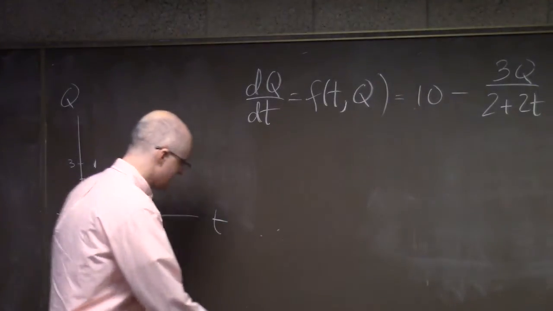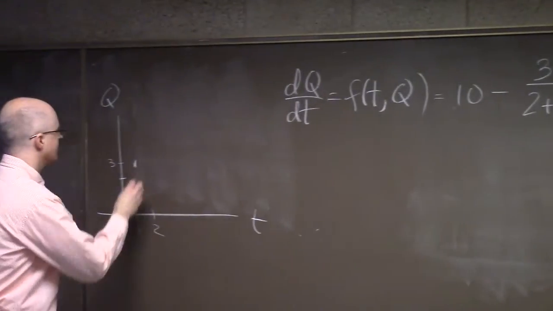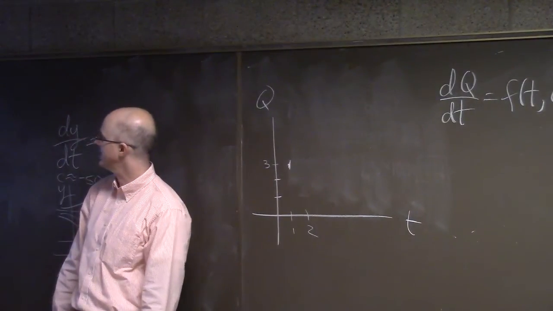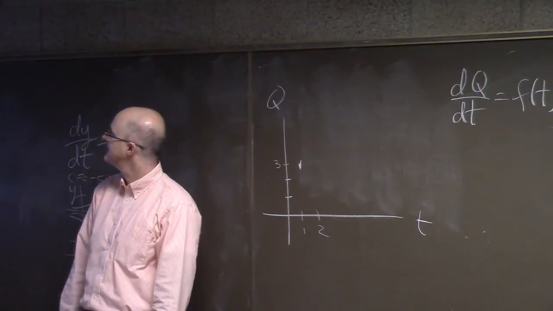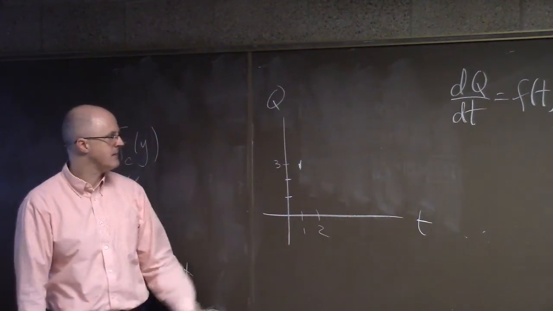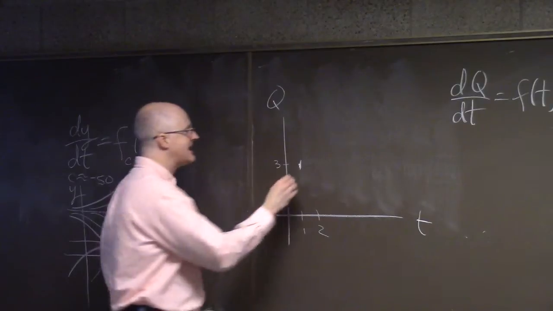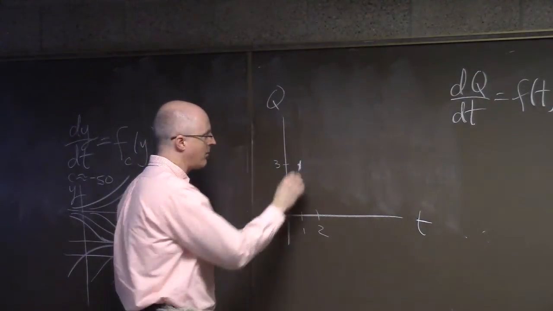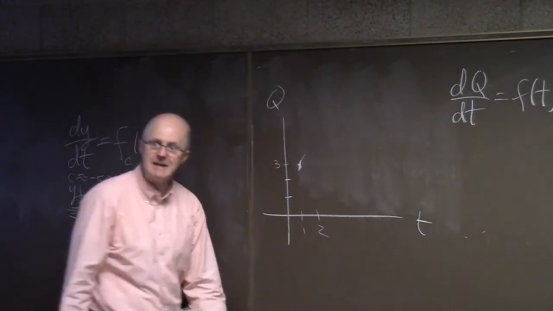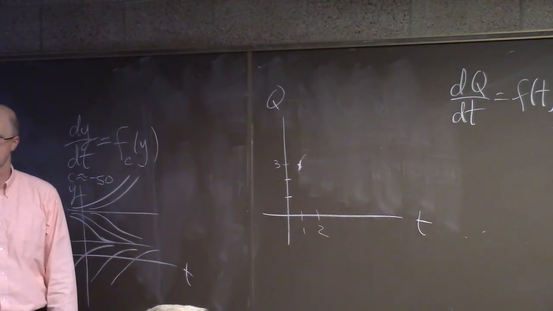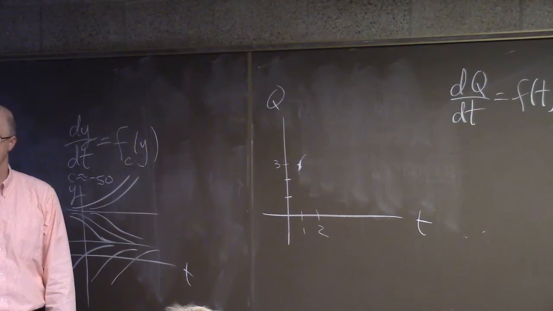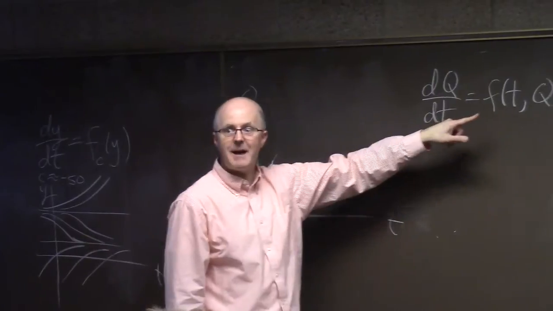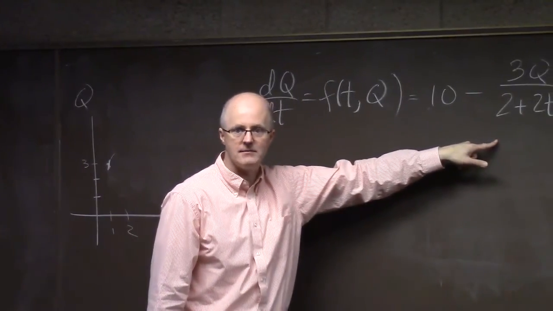So that any time a solution passes through, ideally the midpoint of one of these line segments, I guess I'm not absolutely sure that if I made some solution curves in here that it's going to go through the midpoint. But ideally, anytime your solution curve touches the midpoint of the line segment at that point, that line segment has to be a tangent line for the solution curve. The slope of the solution has to match the output of the function at that point.